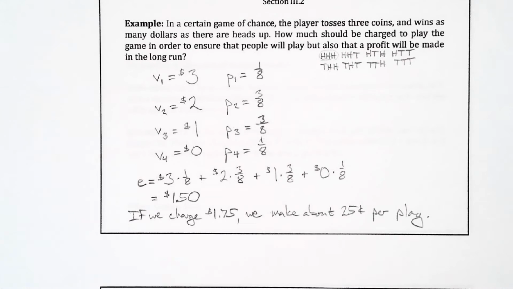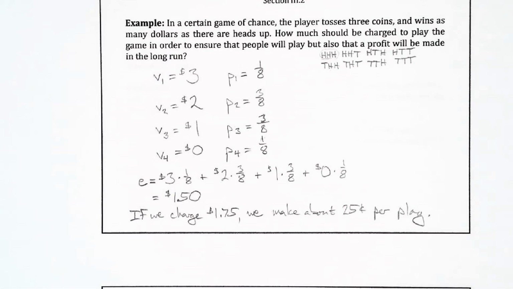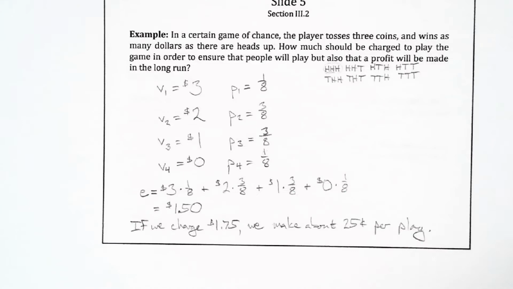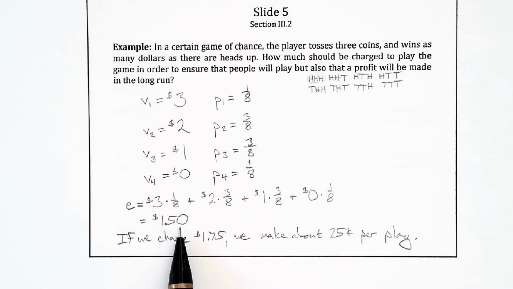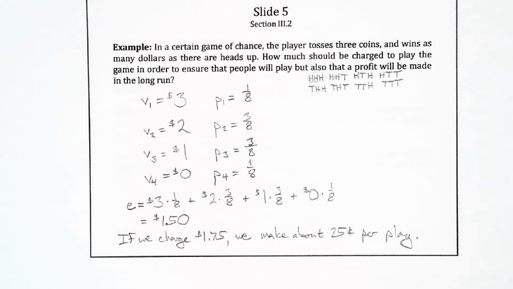It doesn't necessarily have to be exactly that. If we were guaranteed that there's going to be hundreds of people playing this game, we could charge like $1.60 or $1.55 even. If it's not as many people, then we'd better charge more, like $2. So it kind of depends. The more people that you're guaranteed of playing, the less you can charge. But you should never dip below the $1.50, okay, because then you'll expect to just break even.